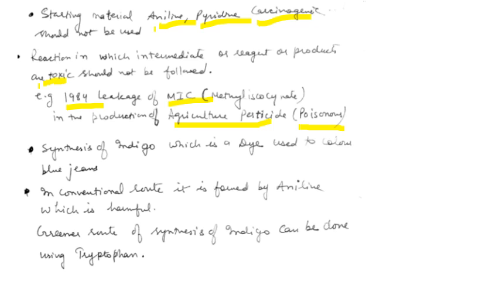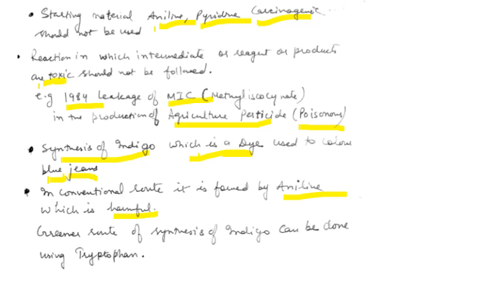Likewise, another example is the synthesis of indigo, which is a dye. Indigo is the dye that colors blue jeans. If we talk about its preparation, the conventional route uses aniline as the raw material, which is very harmful.